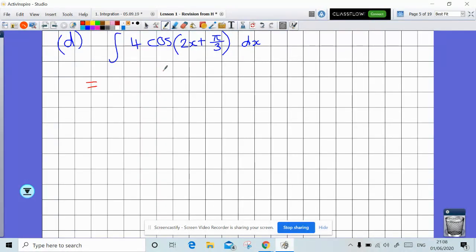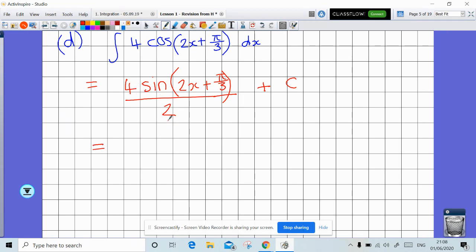Okay, so to integrate this, you need to know what happens to cos when you integrate it. It goes to sine. So 4 stays at the front, cos goes to sine, brackets stay the same, and we're going to divide by the derivative of that bracket, which is just 2. And you get plus c at the end here.